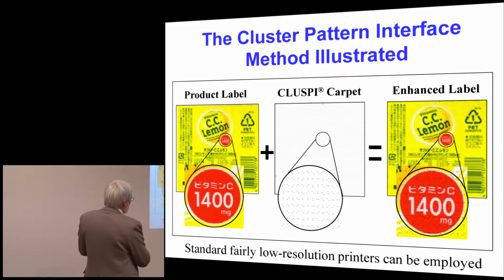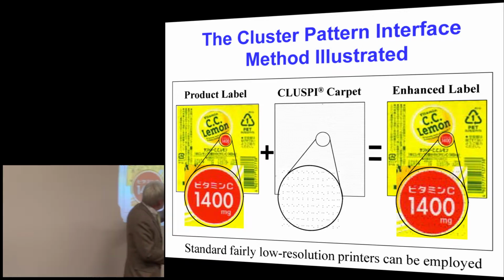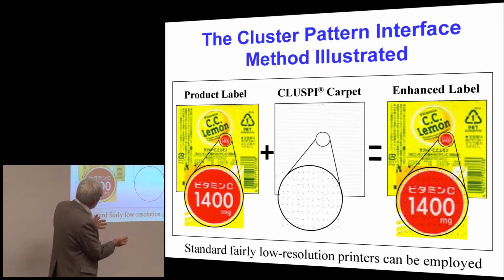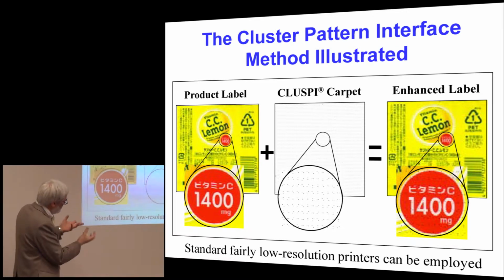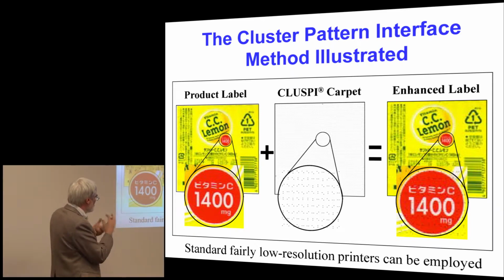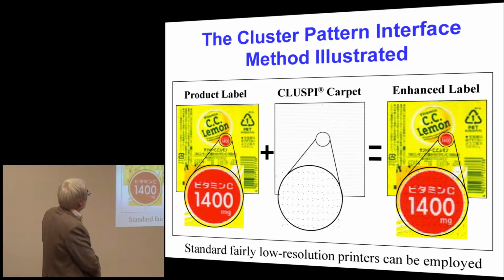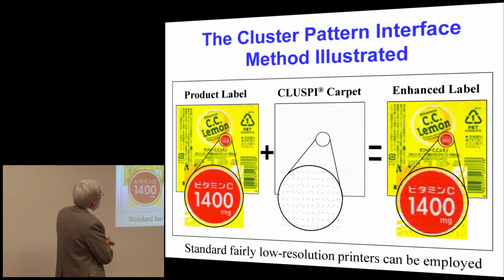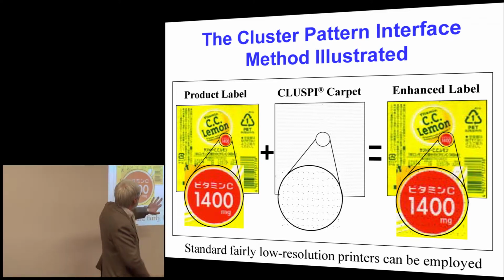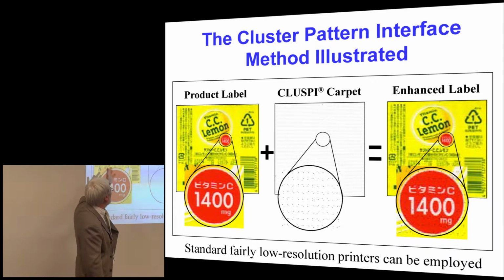It's basically a dot-based code. It's a cluster pattern interface code where you have clusters of dot-shaped components. And it can be designed as a separate layer which is blended into anything.